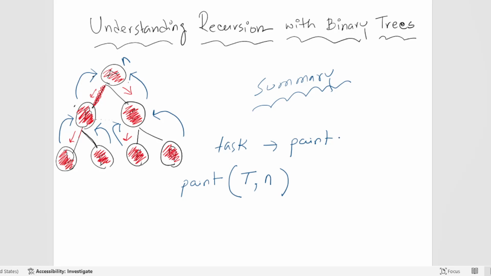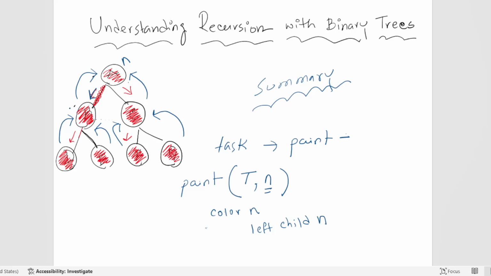Then what we did was we gave this particular node a color: color the node n, and then we moved to the left child of n. If you remember, we started from A and then we moved to the left child of A. So we moved to the left child of this node n.